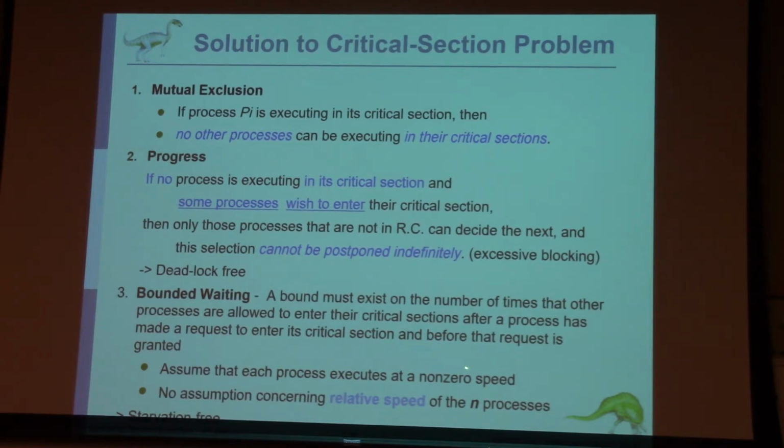Okay? So the idea of progress and bounded waiting is that eventually the process that is waiting for the critical section will get the chance, because it's shareable data. You can easily understand mutual exclusion: only one process can access one data.